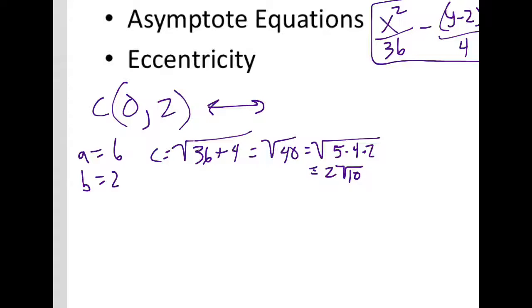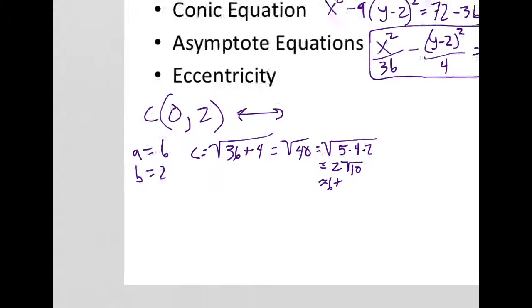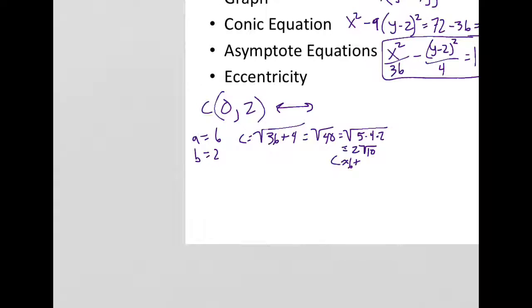Root 10 has to be a little bit bigger than 3, because we know 3 squared is 9. So a little bit bigger than 3 times 2. We're saying this number is a little bit bigger than 6. So let's say 6 plus there for an approximation for 2 root 10. Don't feel like pulling my calculator out. But what is that? Well, that's our C value.